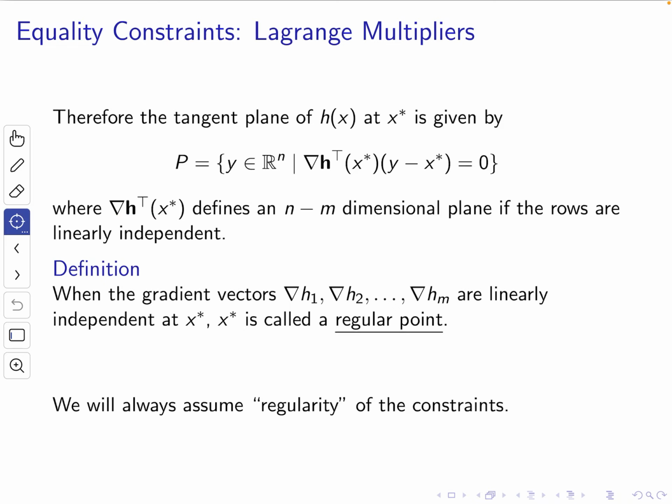So we need some condition that says the rows of h are going to be linearly independent. So if we look at the gradient of h1, gradient of h2, let's just recall what we have here.